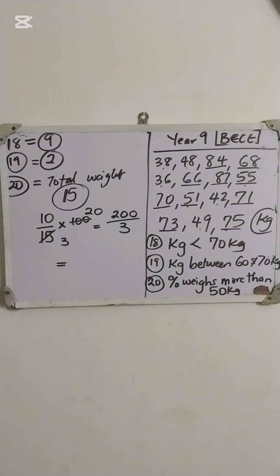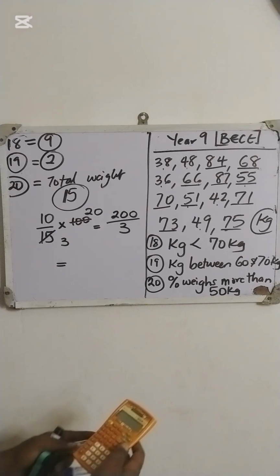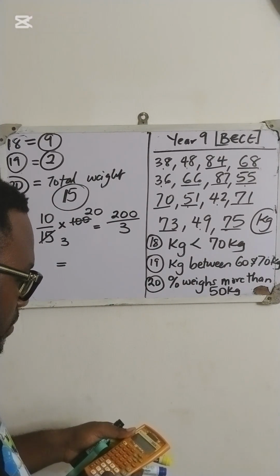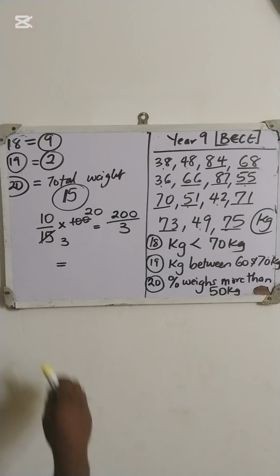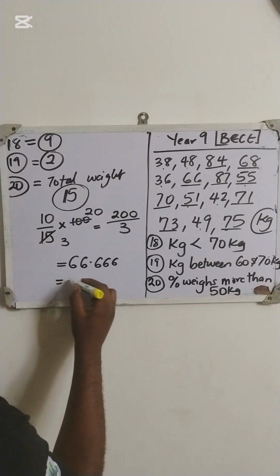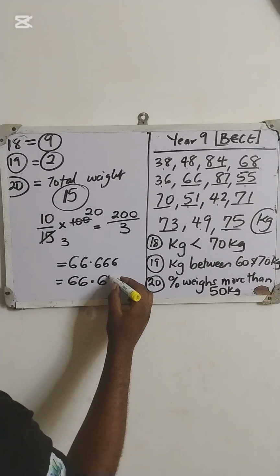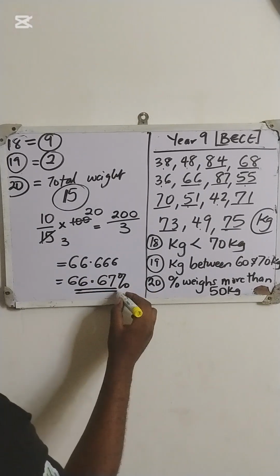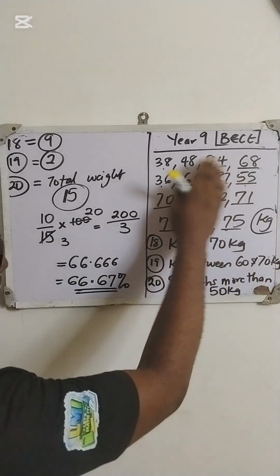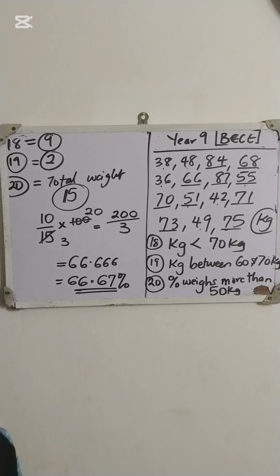So with this, we are going to be getting something like 66, I beg your pardon, 66.666, and so we can do 66.67%. So 66.67% of items out of this lot weigh more than 50 kg.